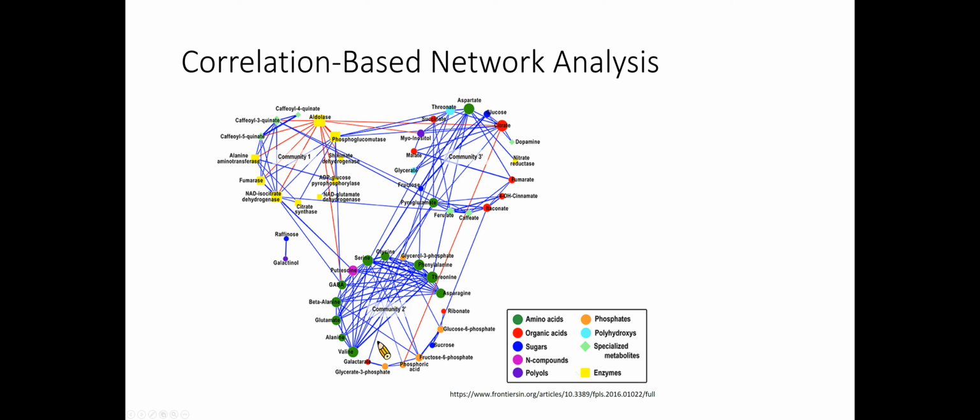Consequently, metabolites that do not show significant differences across the study phenotypes may still show different correlation patterns with other metabolites in each phenotype. These patterns can provide valuable information about the underlying metabolic network associated to a specific biological process.